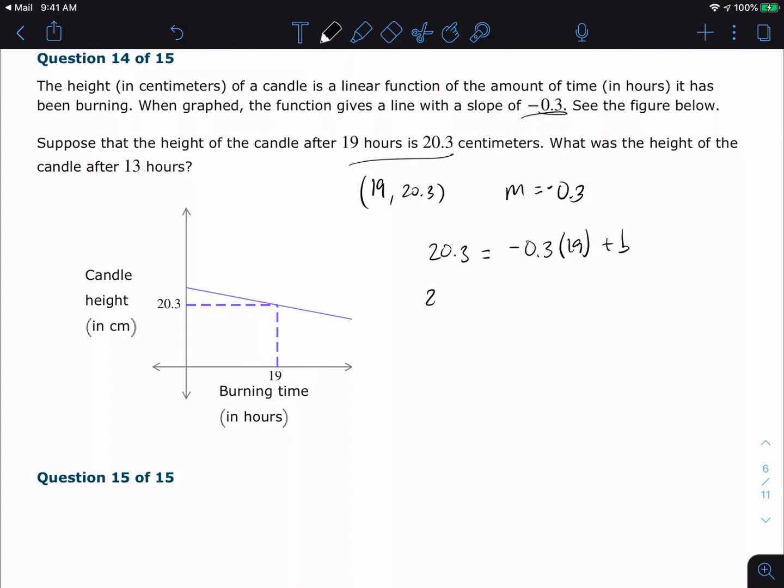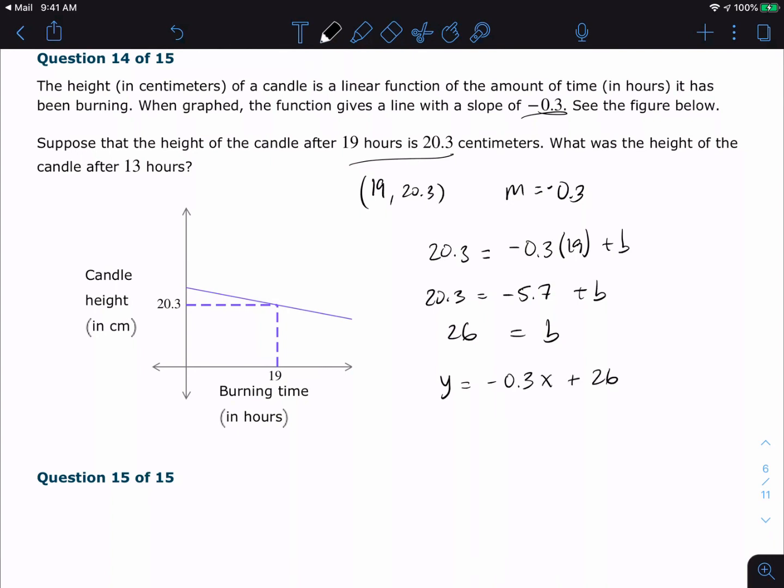So this ends up being 20.3 is equal to negative 5.7 plus b. So for b, we have to add that 5.7. That's going to give me 26. And now we have an equation.